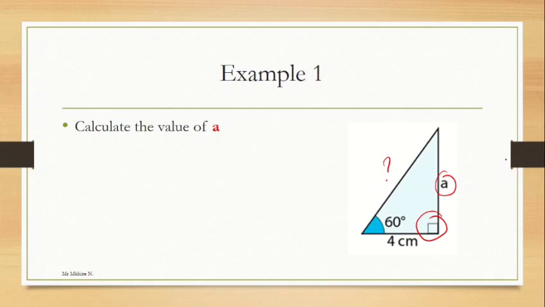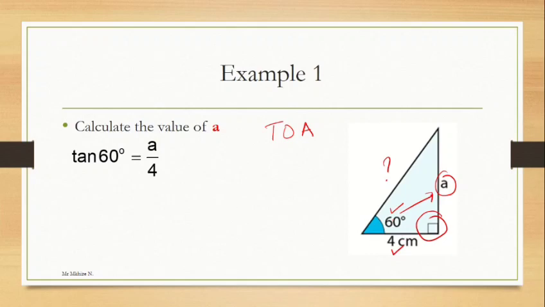Out of all the tools that we have, the tool that we can use is trig ratios, because trig ratios will allow us to take advantage of the angle given and also the side given. So this is how. Tan 60, remember, is opposite, because A is opposite to the angle, over the adjacent side.